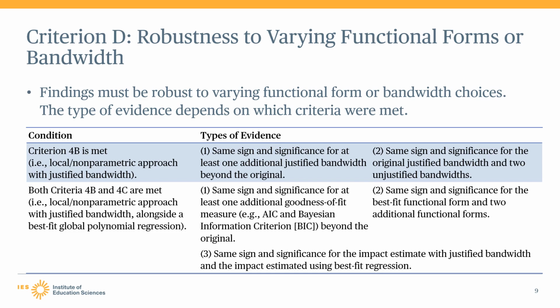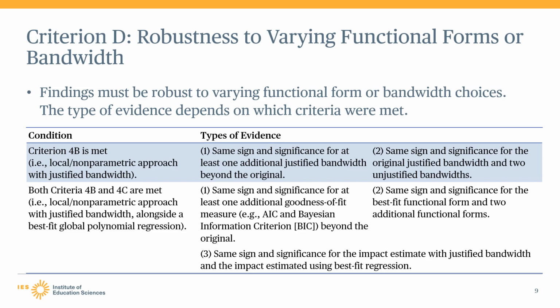However, some studies might present both a local, non-parametric approach with a justified bandwidth alongside a best fit global polynomial regression. In those cases, three additional options are available. First, the study could satisfy 4D if the sign and significance of impact estimates are the same using a total of at least two different goodness of fit measures to select functional form.